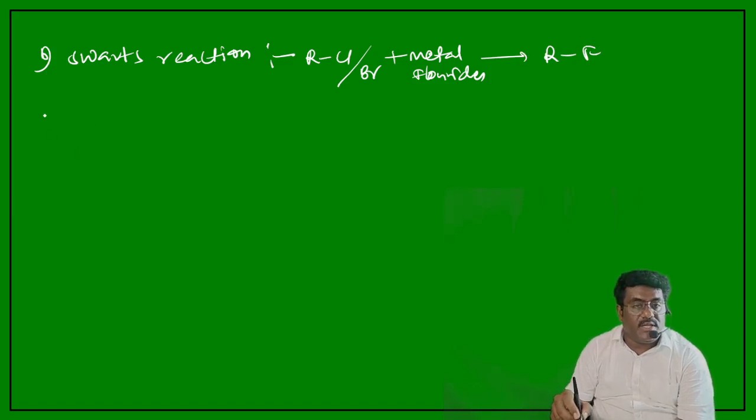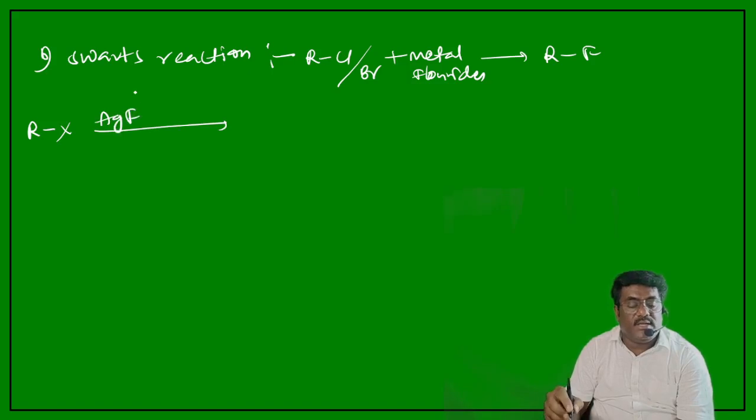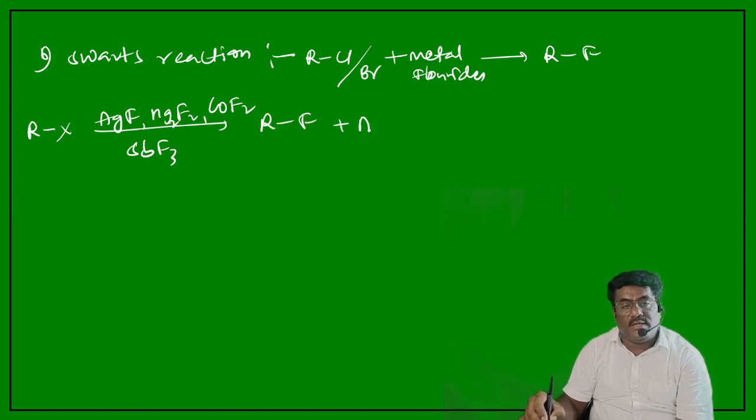I am taking a general example, RX, in the presence of an inorganic metal fluoride: silver fluoride AgF, mercury fluoride Hg2F2, CoF2 or SbF3. It gives RF and AgX.